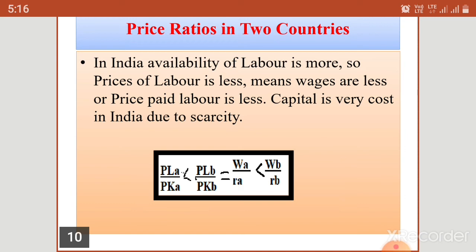It is very simple: where one factor of production is available in plenty, the price paid to that factor of production is very low.